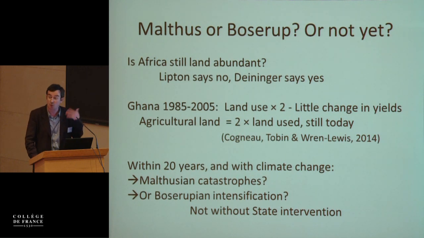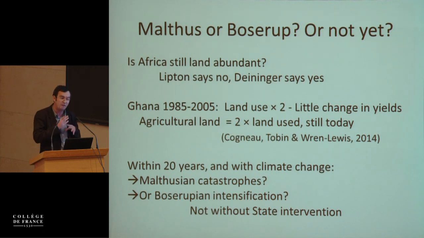So if you compute the figures in terms of land per capita, even the land per capita ratio has increased, okay? This is largely due to the recovery of the cocoa sector.